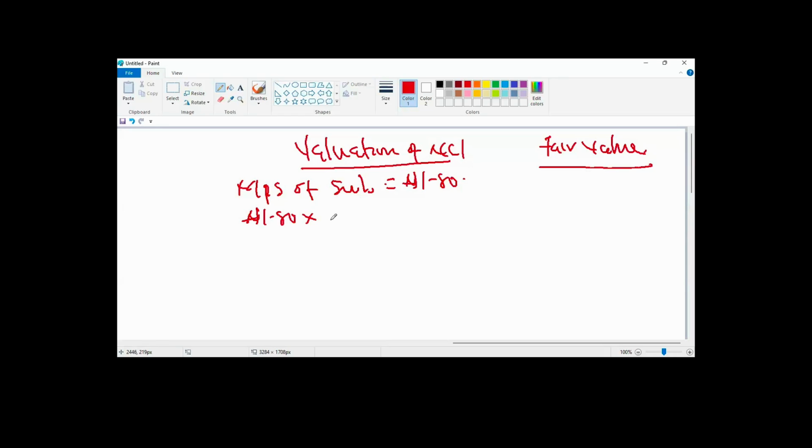Parent acquired 600 out of the 1 million. That means the 400 belongs to who? NCI. To give me what? 720. That is one. Two, the question can give me the fair value of NCI directly, NCI to be 720.